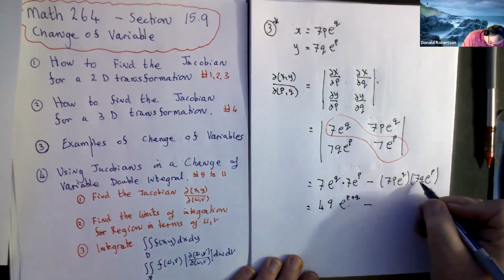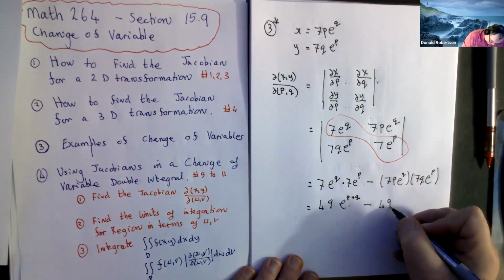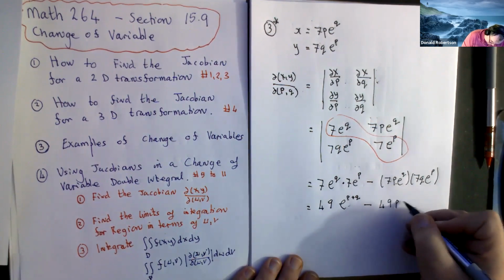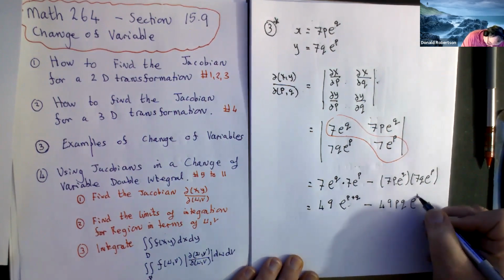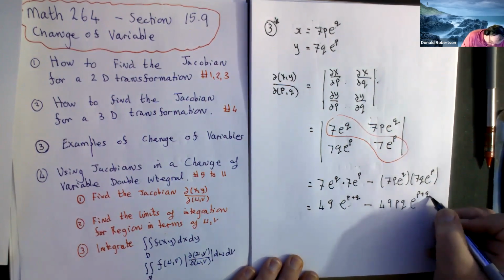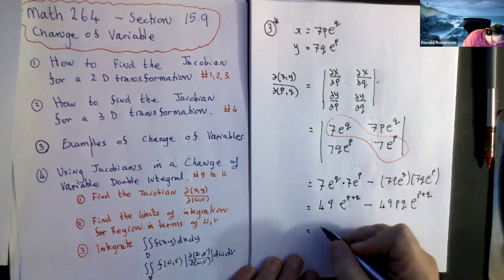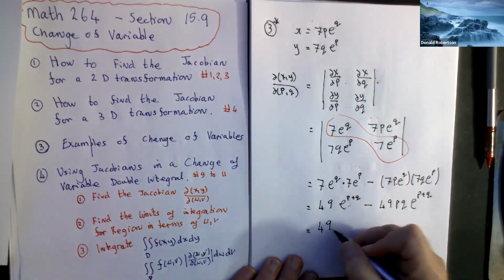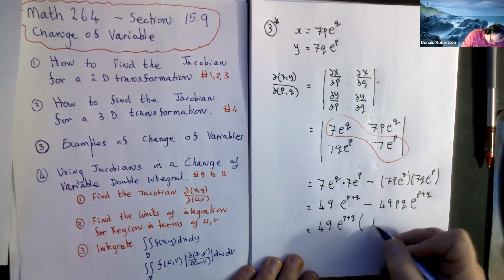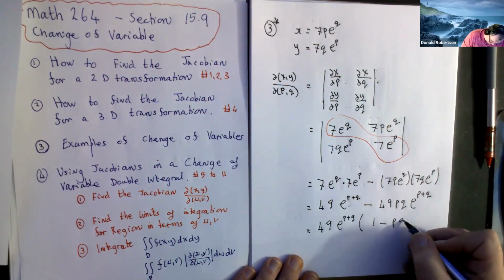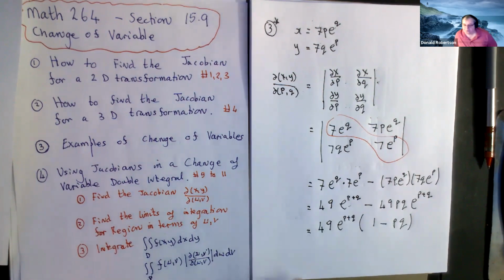Take away 7 times 7 gets me 49, p times q gets me pq, and that guy times that guy also gets me e to the p plus q. And for style points, I will pull out a common factor, and that leaves me with that guy.